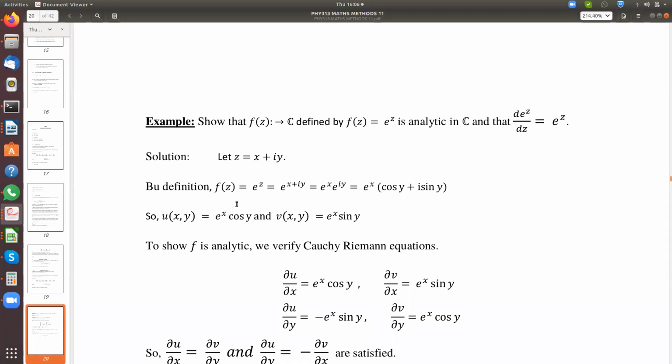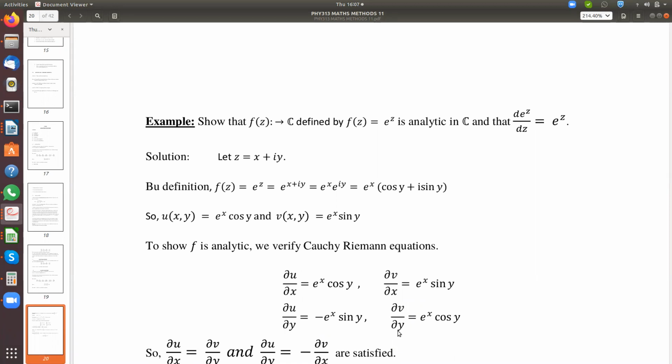Then when you take the derivative of cos, it will give you a negative sign, which is this. So we have the u dy. Do the same thing for v. This is a constant. Take the derivative, the v dx will give you this. Then the v dy. When you take the derivative of sine, it will give you cos. We have this. So now we have all the four terms: the u dx, the u dy, the v dx, the v dy.